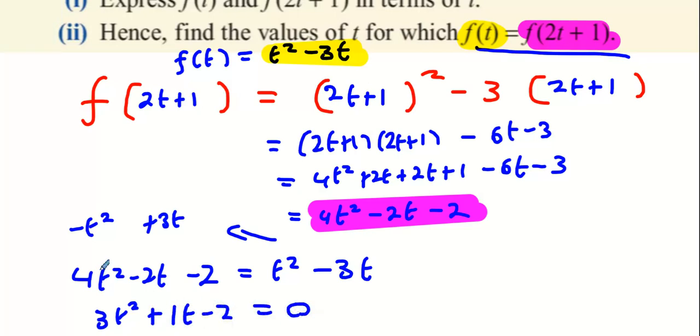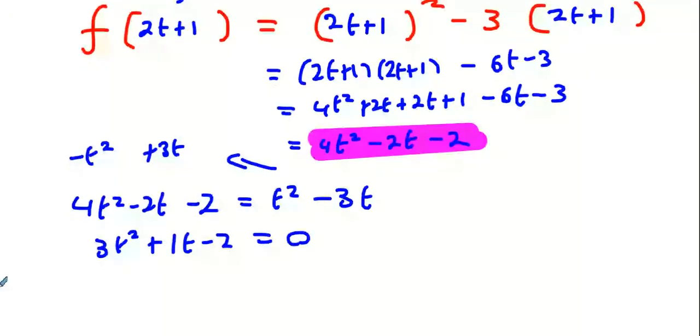We need a reference number. What reference number are you going to use? 3t squared plus 1t take away 2. I'm going to use minus 6 to begin with, because that's what 3 times minus 2 is. Two numbers that multiply to give you minus 6, but add to give you plus 1.